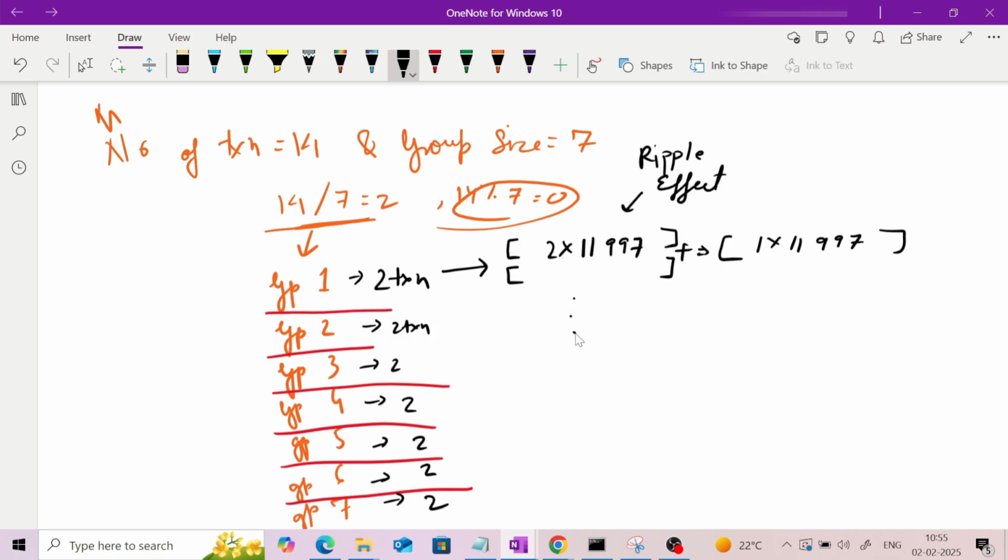Similarly, this process will be repeated for all 7 groups, and we will get 7 different profiles. Then we will give high weightage to the final or most recent fracture, and the least weightage to the earliest transaction.